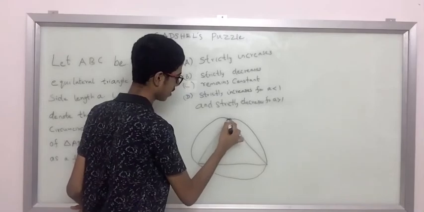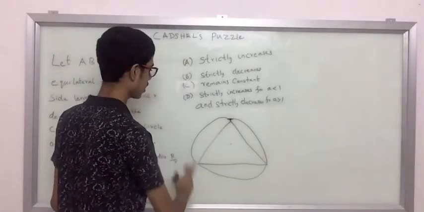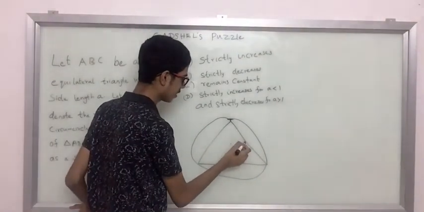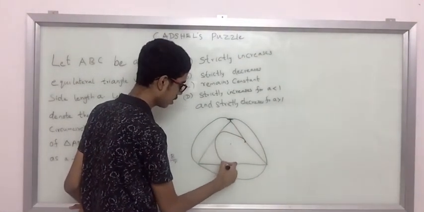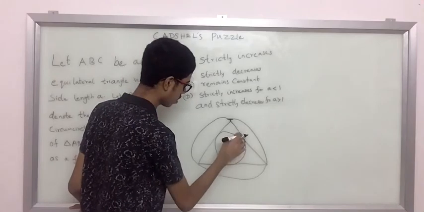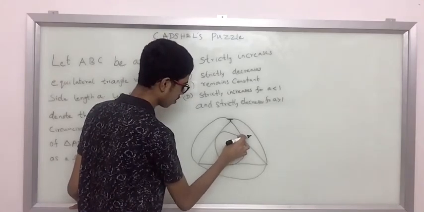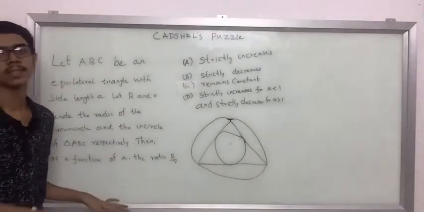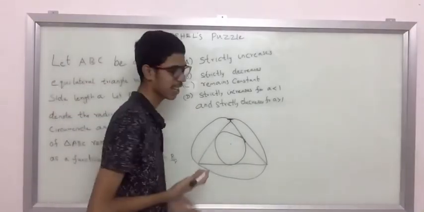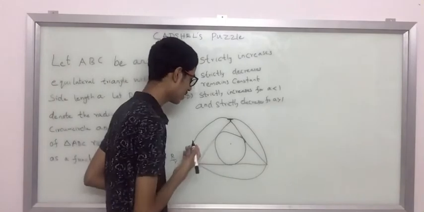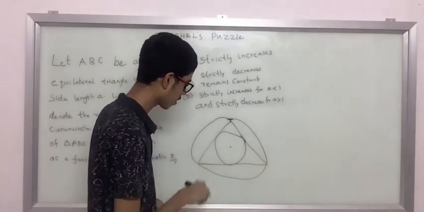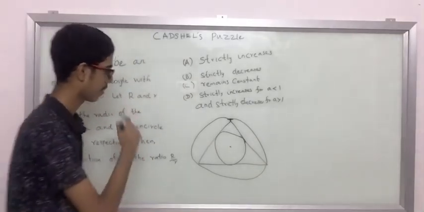This is the circumcircle. This is the incircle. I know it's not good, but I can't do anything. Now I'll put the center point a little bit in the center.